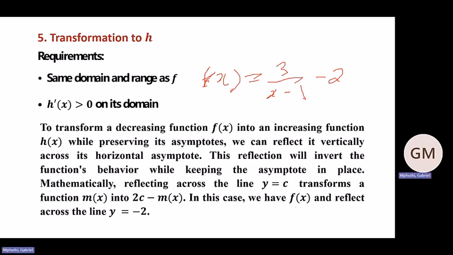So our horizontal asymptote is y equals minus 2. To find h of x, we reflect across that line y equals minus 2.